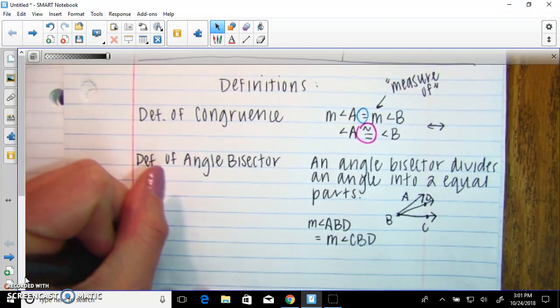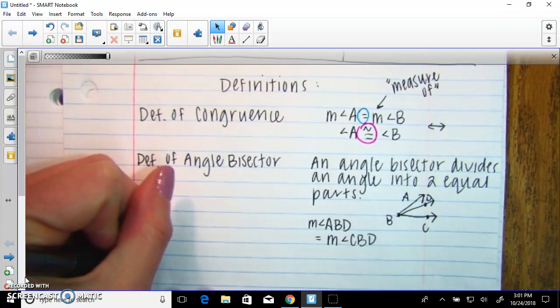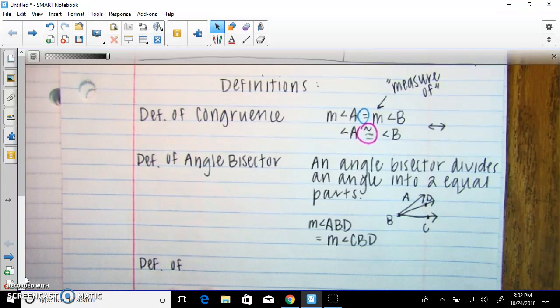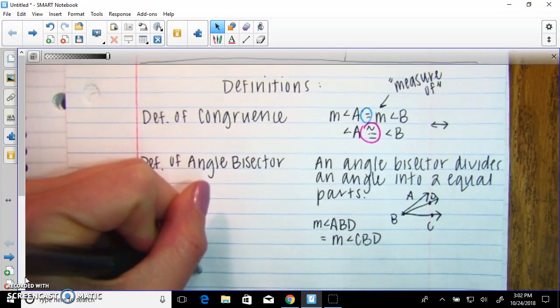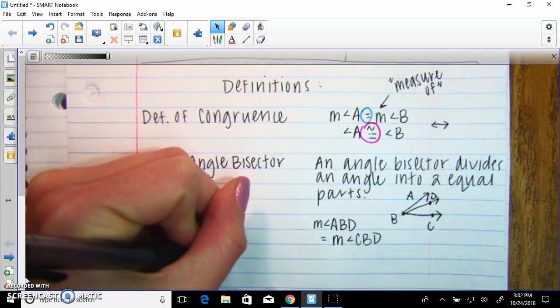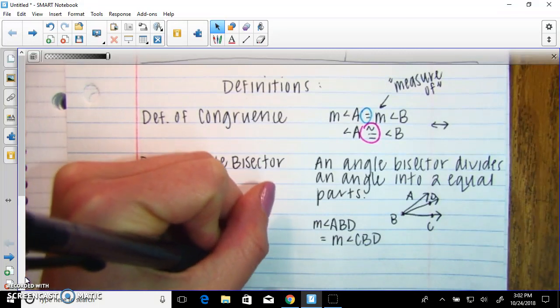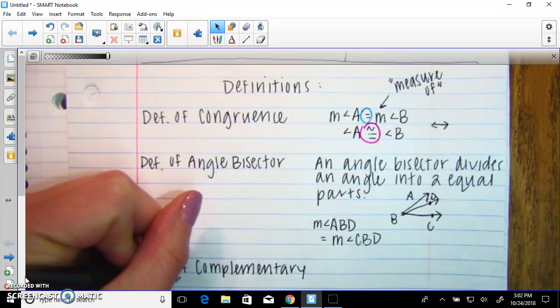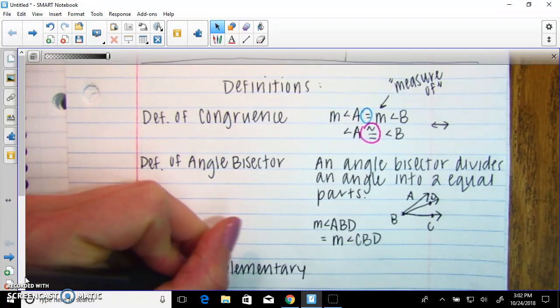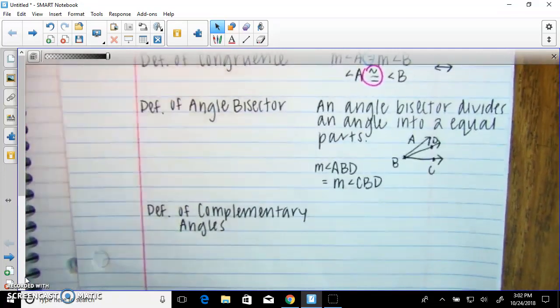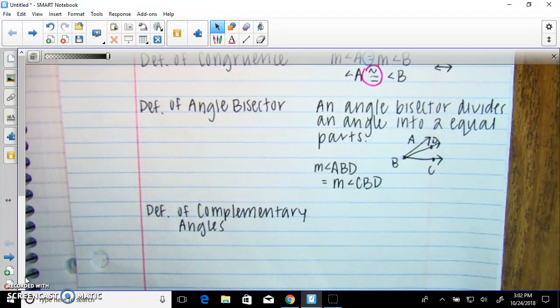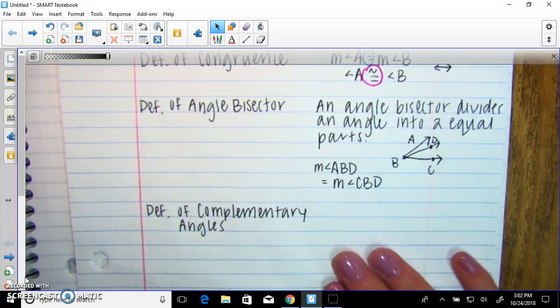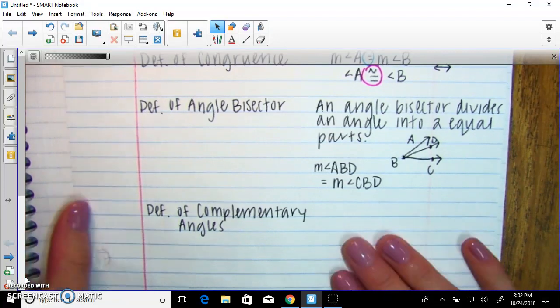The next definition is the definition of complementary angles. And this should be familiar to us. Definition of complementary angles. Well, when we see complementary, we should think 90 degrees, and that's what it says. So it's an if and only if statement, okay?